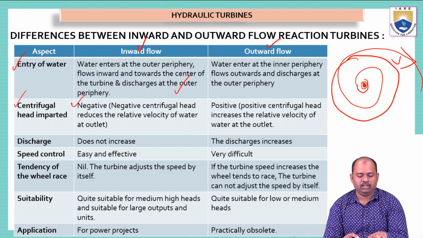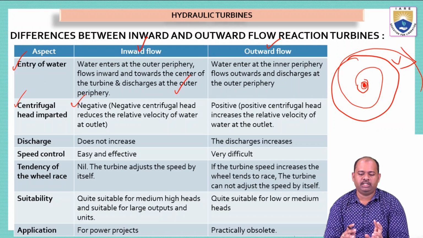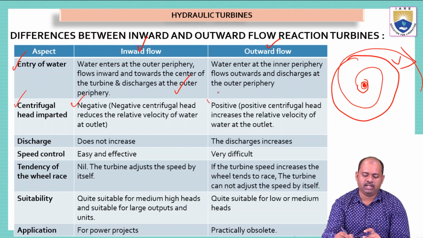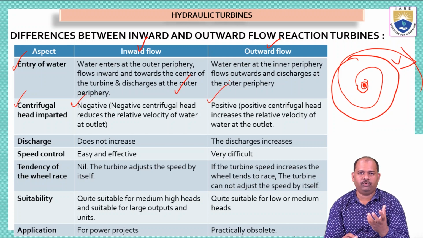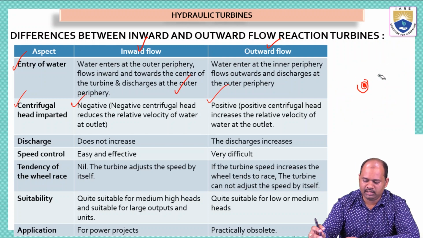So the head value, the H value, is taken as negative. In the outward flow turbine, it is taken as positive, because it increases the relative velocity of water at the outlet. We can simply understand this.